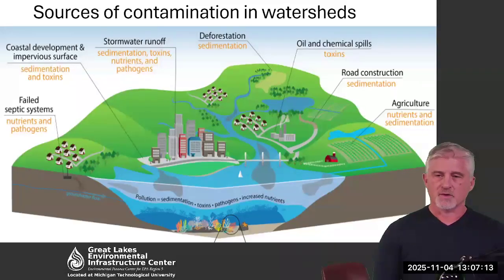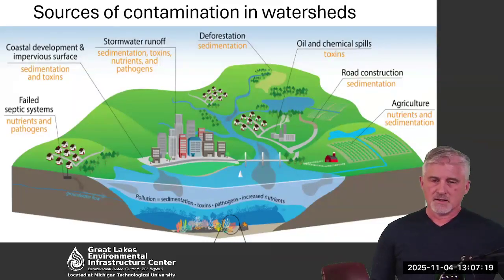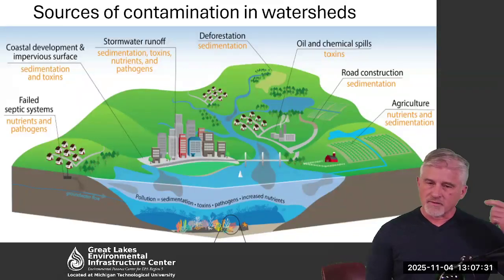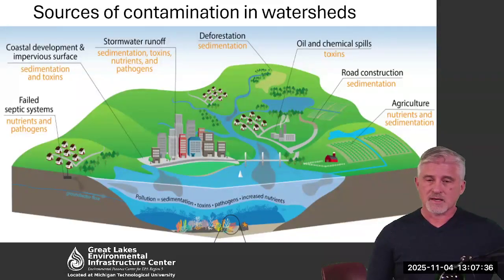We've got coastal development, impervious surfaces. So how the coast of, in this case, a lake might be developed can affect the quality or the contamination that might enter. We can have sedimentation and toxins, stormwater runoff from municipalities, towns, villages, things of that nature.